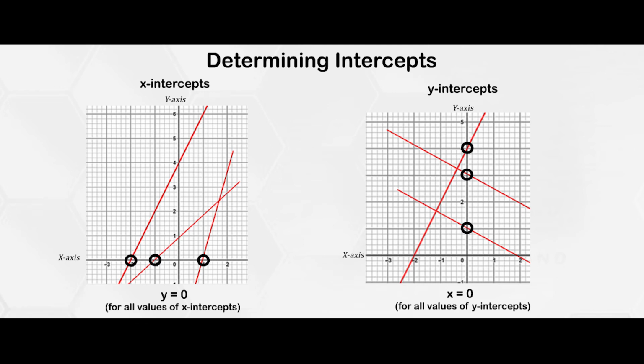Now these ideas make sense because when we think of x-intercepts, we are talking about the points which are on the x-axis, where the value of y will always be 0. And when we talk of y-intercepts, we are talking of all the points which are on the y-axis, where the value of x will always be 0.